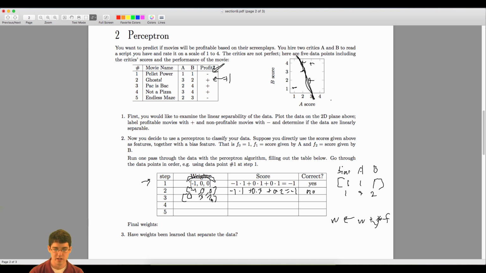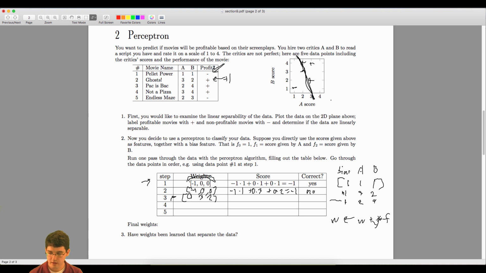Now let's move on to the next point. Here we're going to do the same thing again. We're going to take a dot product, this time with our new updated weight vector, and we have to figure out what our features are. This is number 3. Bias is always 1. Then we have a 2 and a 4. This aligns here.